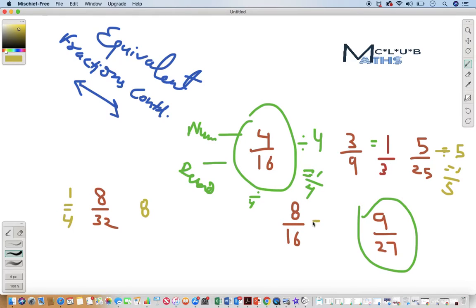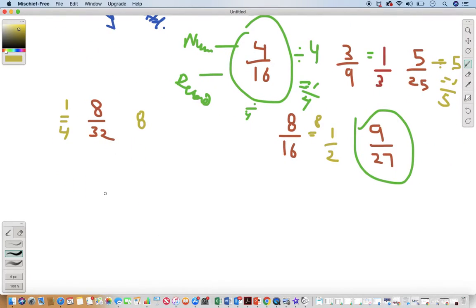Again, 8 by 16, if I divide by 8, comes out to be 1 by 2. This way you can easily understand that if we divide by a similar number, we get the equivalent fraction. Similarly, let's talk about multiplication.